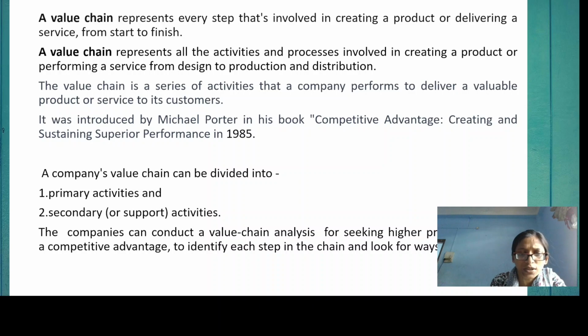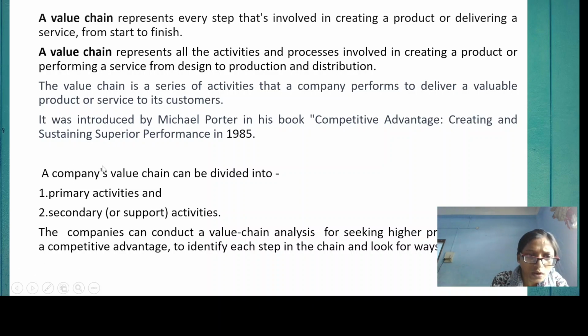Here we are basically talking about the competitive part. In Porter's 5 forces, there are 5 factors which influence the competitive decisions for a business.